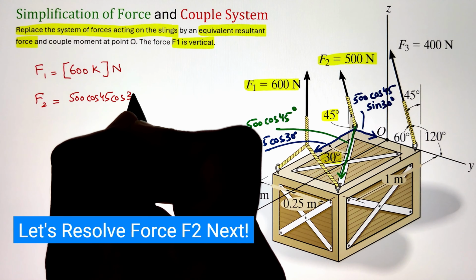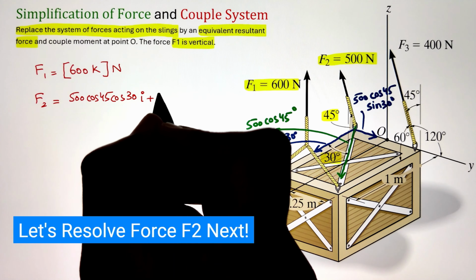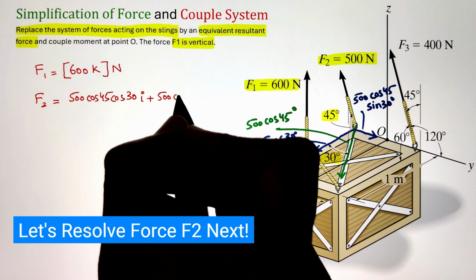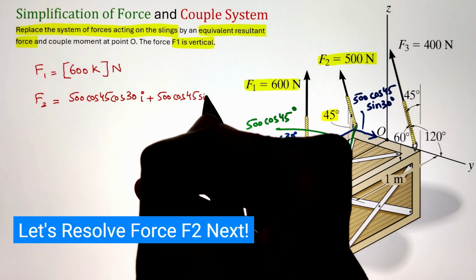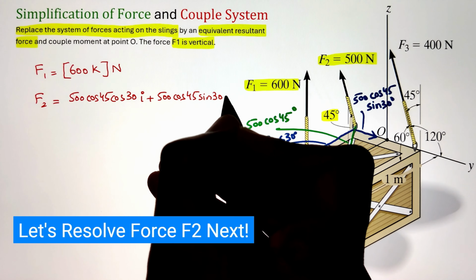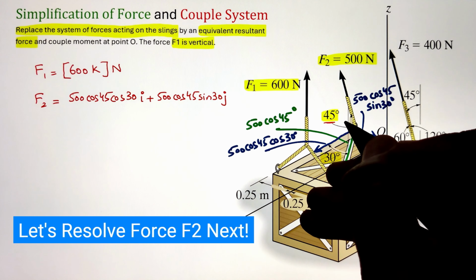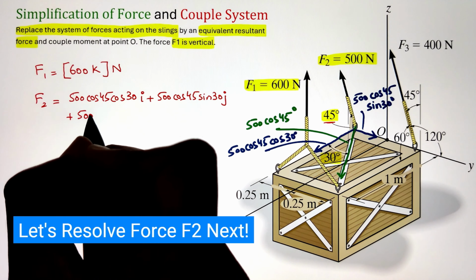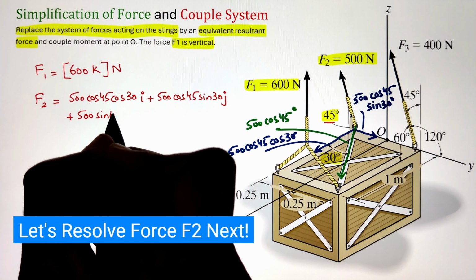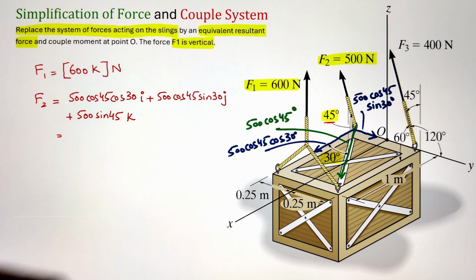Similarly, our 500 cos 45 sine 30 is pointing towards the positive y direction, so that is also taken as positive. Finally, we have to figure out the z component of force F2. Since the force 500 is making an angle of 45 degrees with respect to the xy plane, if we take the sine 45 function, it's going to project it along the z direction.